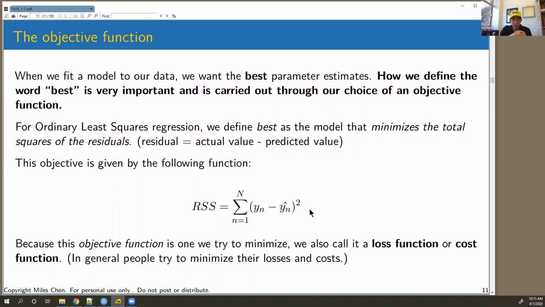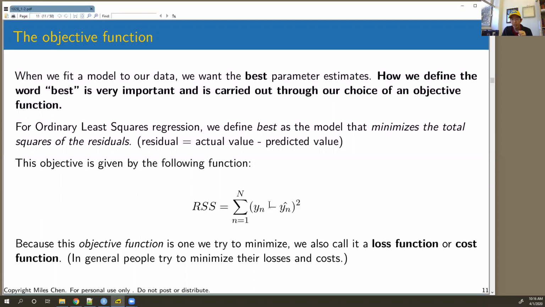So in ordinary least squares regression, the best model is the model that minimizes the total squares of the residuals, where we say the residual is the actual value, y sub n, minus the predicted value, y hat sub n.